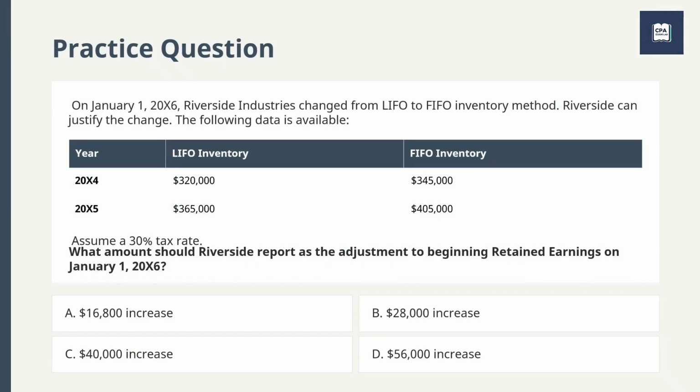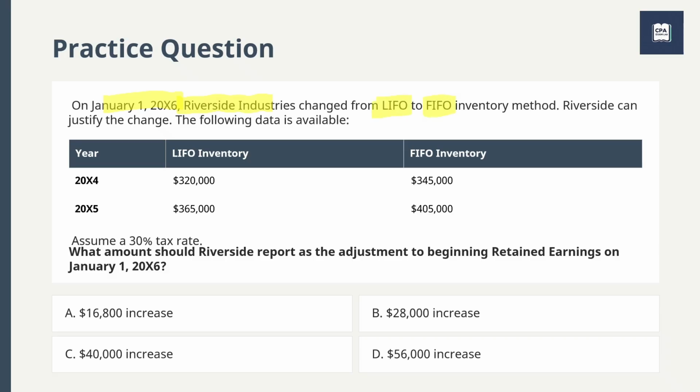Okay, let's do another example. This was one of the CPA exam blueprint questions. You should expect to get at least a question like that on the exam. We have Riverside Industries, on January 1st of year 6, they changed their inventory method from LIFO to FIFO.